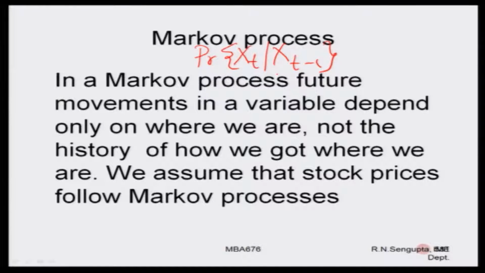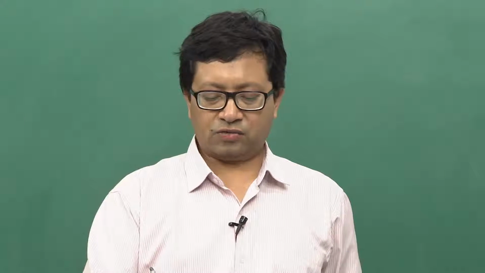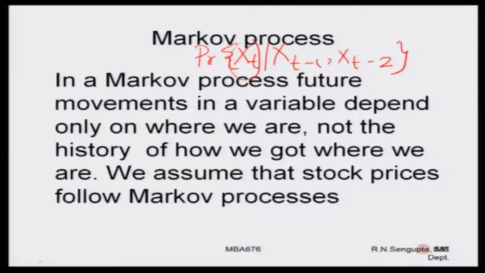If you are saying that rather than this, let me erase this. So, if I am saying this, it means the probability of x t, or whatever the random variable is, its value or price or whatever function we are trying to analyze, would depend on the immediate backward t minus 1 and back to back t minus 2.